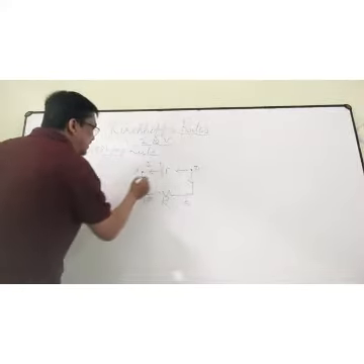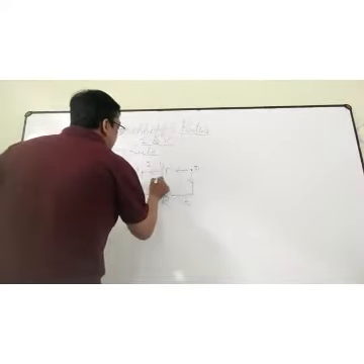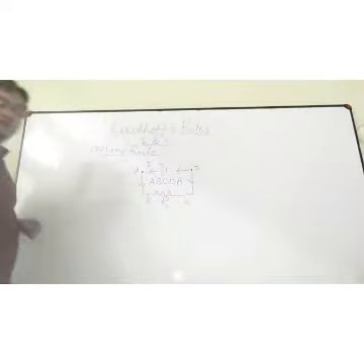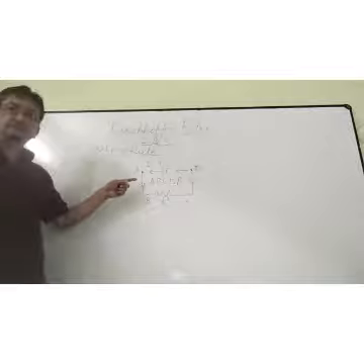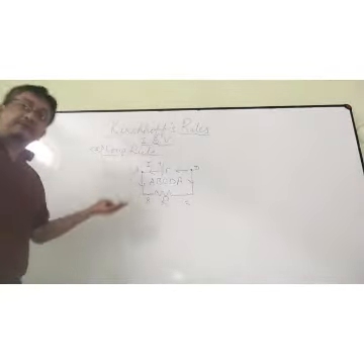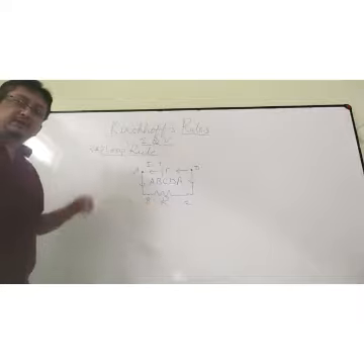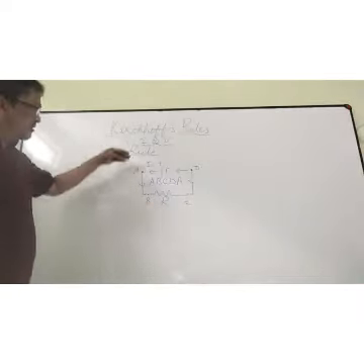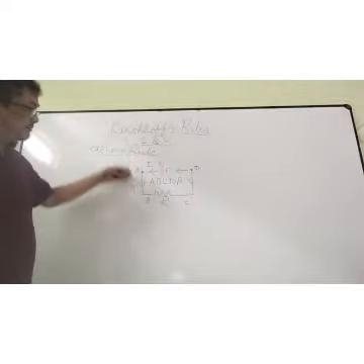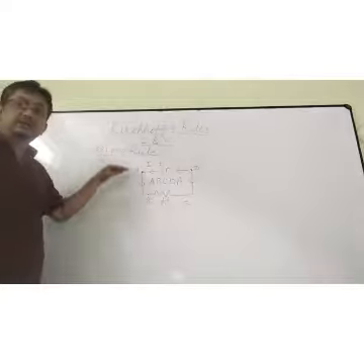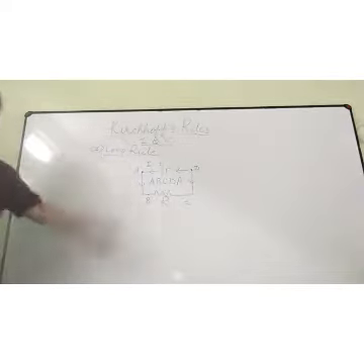Suppose we start from A, then it will be A, B, C, D and again A. Loop means this one. We start from A and end on A again. It means the current moves from A, B, C, D and comes back to the same point A. This means this is the loop.